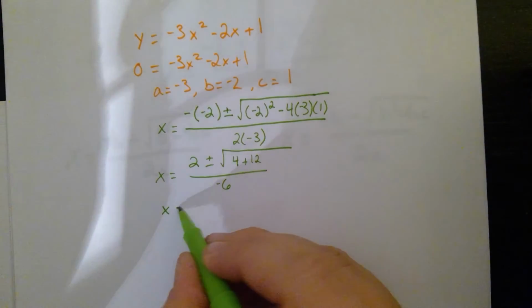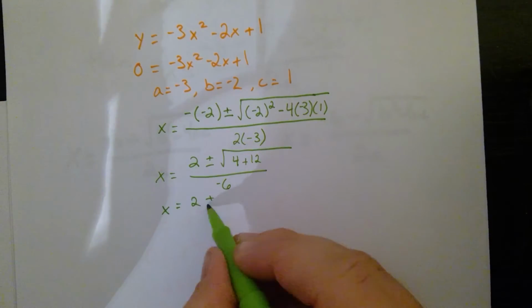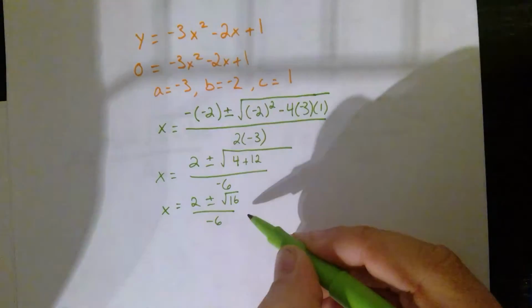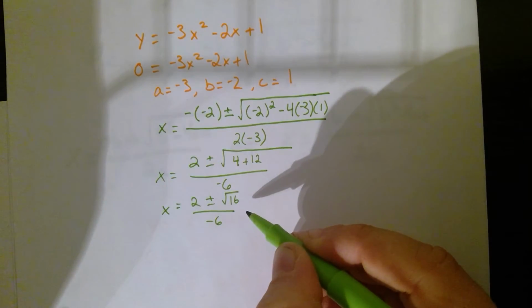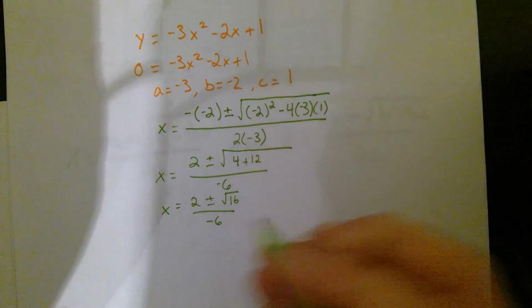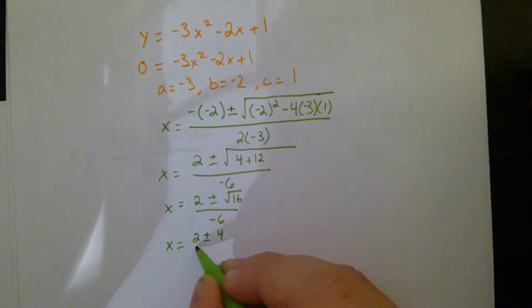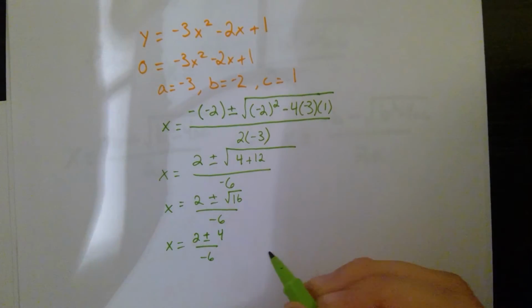So we have x equals 2 plus or minus square root 16 over negative 6. Oh, we know square root of 16. Let's go ahead and just simplify that. Okay, so we have x equals 2 plus or minus 4 over negative 6.